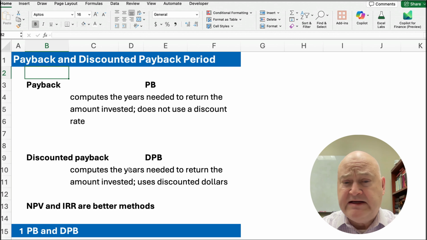Now this is in a topic called capital budgeting, and the better capital budgeting methods are net present value or NPV or IRR. And I've got videos on NPV and IRR. Those are the ones you should calculate. And the payback period is just an additional one. As you're calculating that, it's easy to calculate payback or discounted payback. And your calculator can do this.